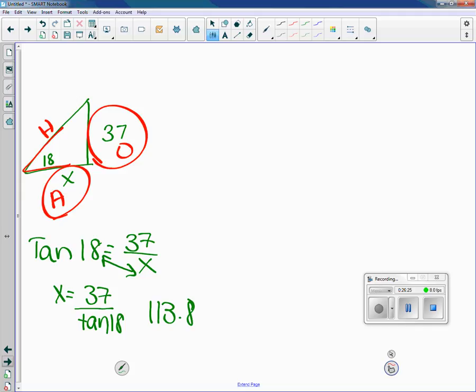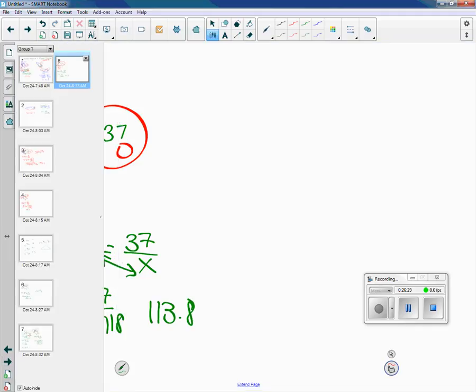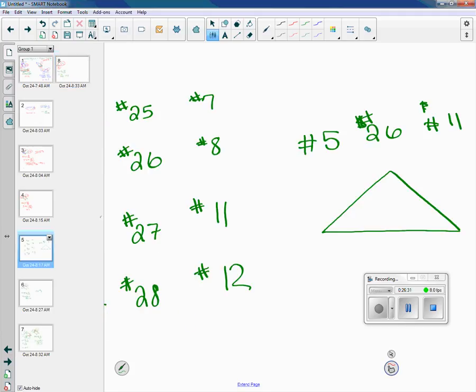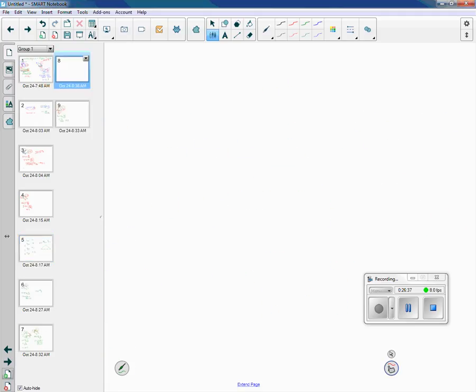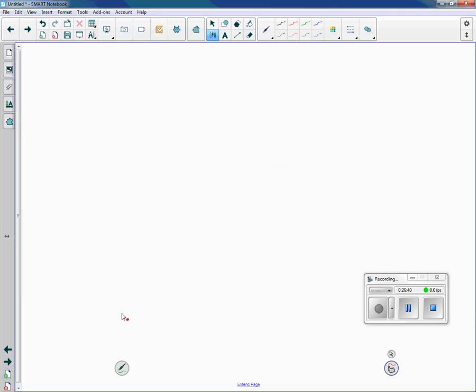Now, on the back side, what did I have? Here we go. I have 25, 26, 27, and 28. Good. All right, 25. I want y'all just to see the difference. We're doing the same concept. Here it is.